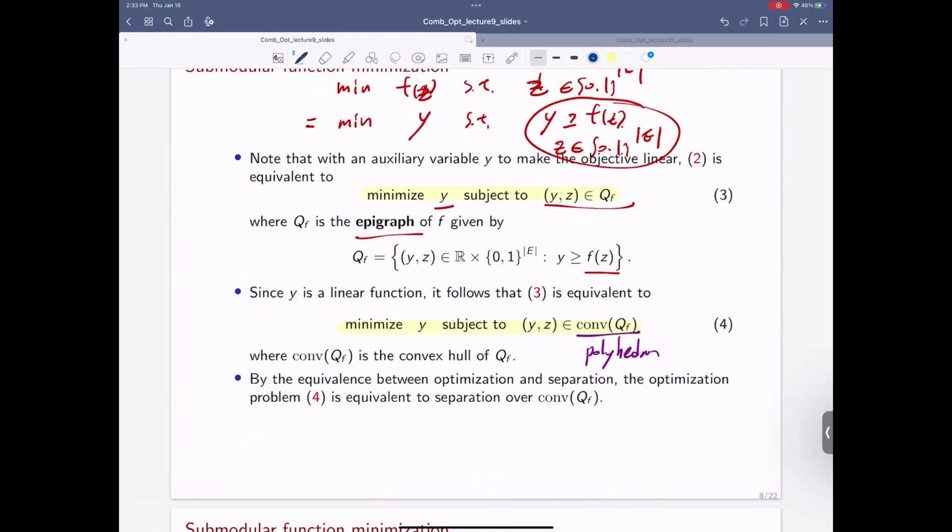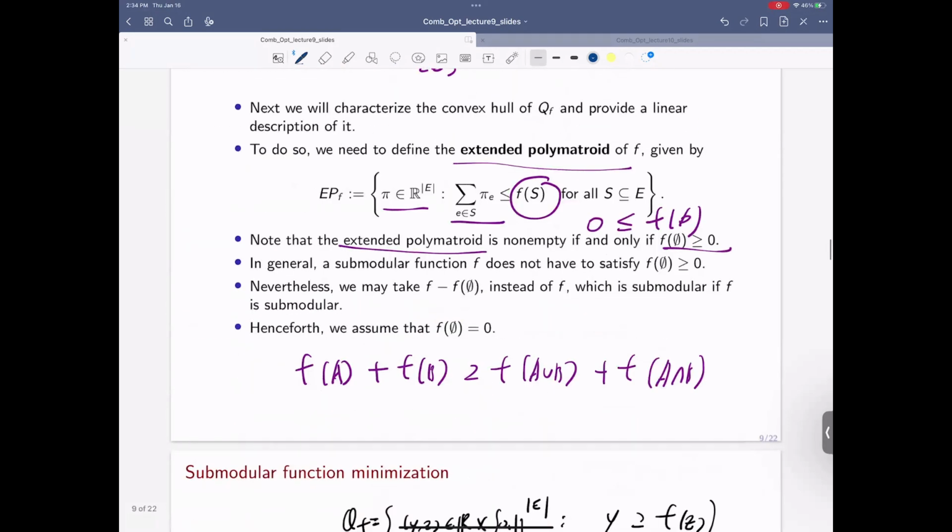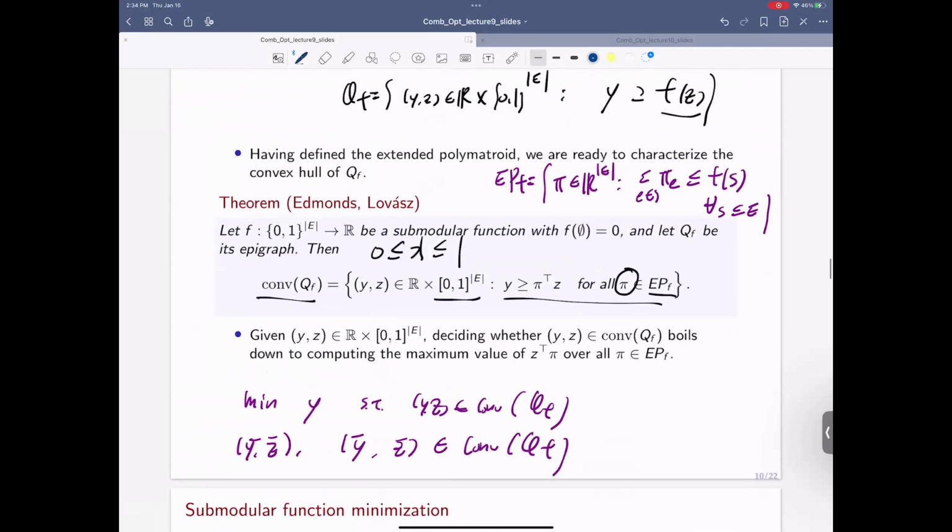So by the equivalence between optimization and separation, this problem can be solved in polynomial time if and only if separation over this polyhedron can be done in polynomial time. And by this nice theorem, we have this description of this set given by these many inequalities.